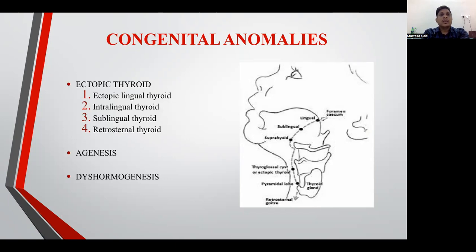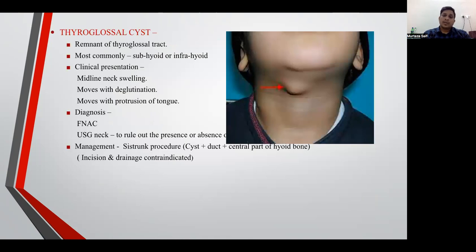Then in congenital anomalies, there is agenesis, failure of development of the thyroid gland, then dyshormonogenesis. Here is the picture of thyroglossal cyst.